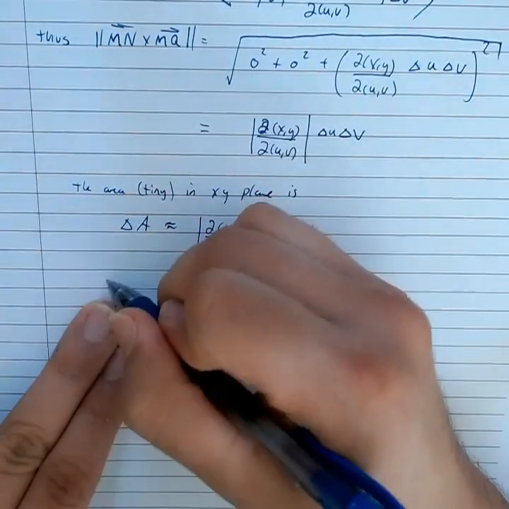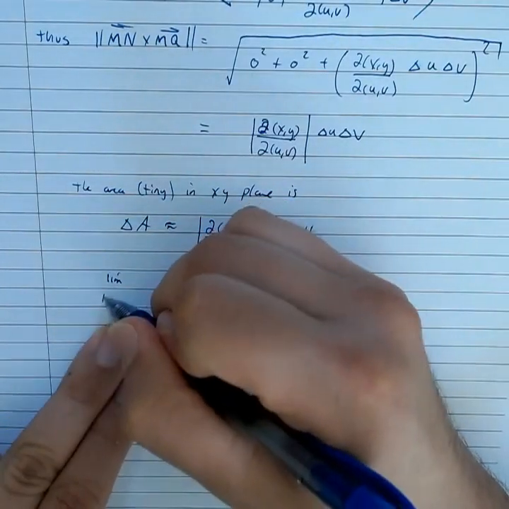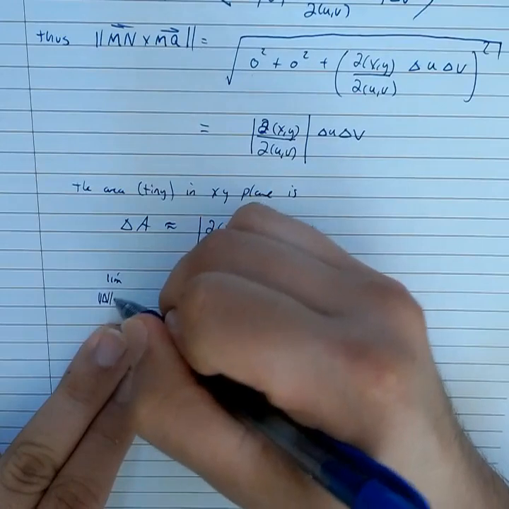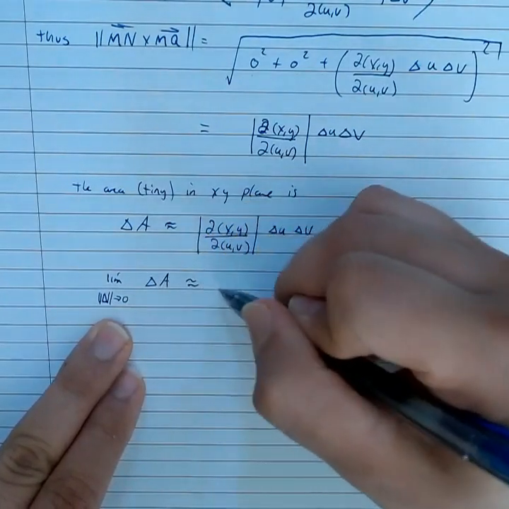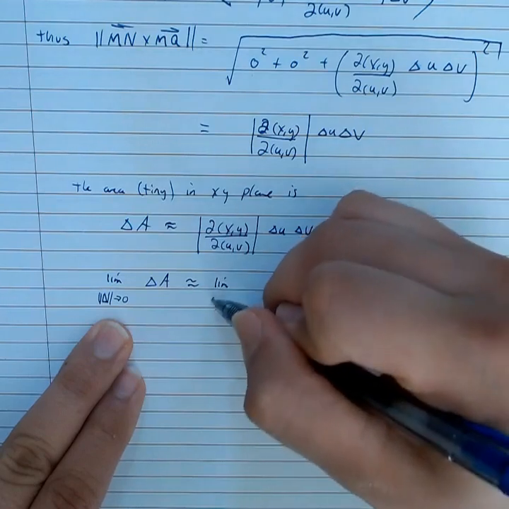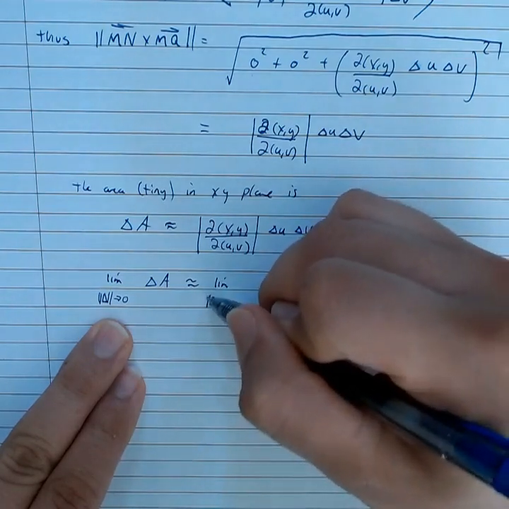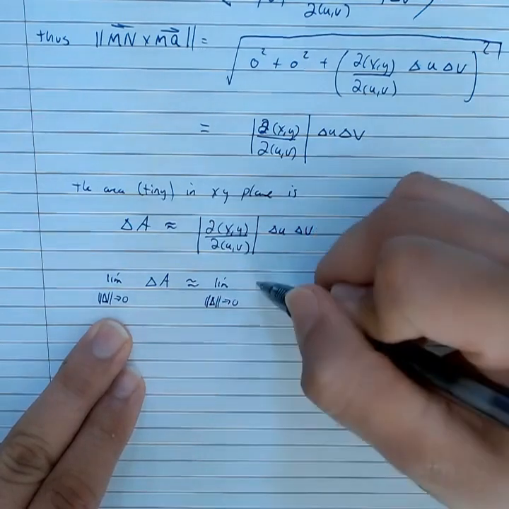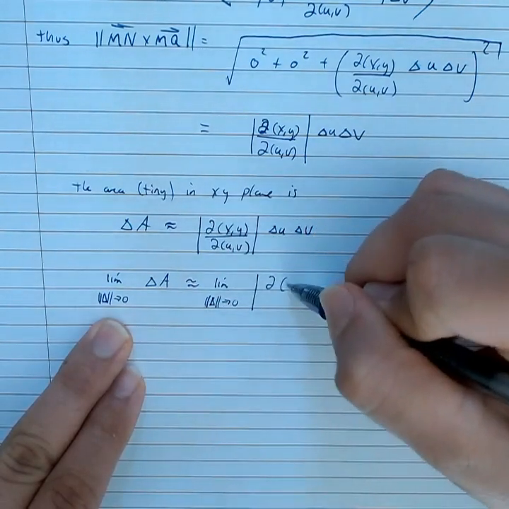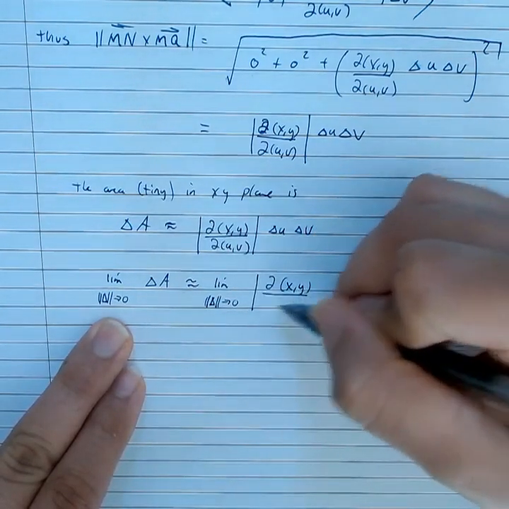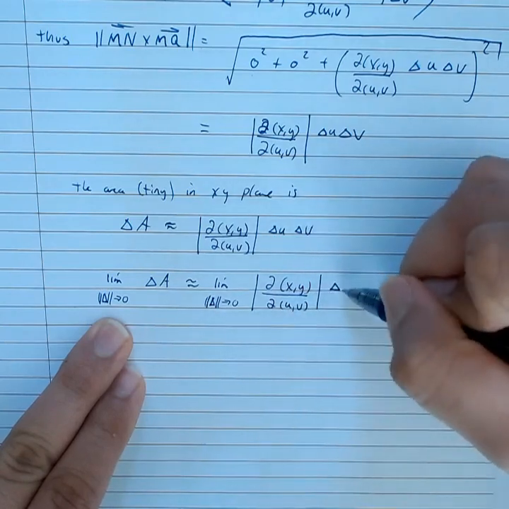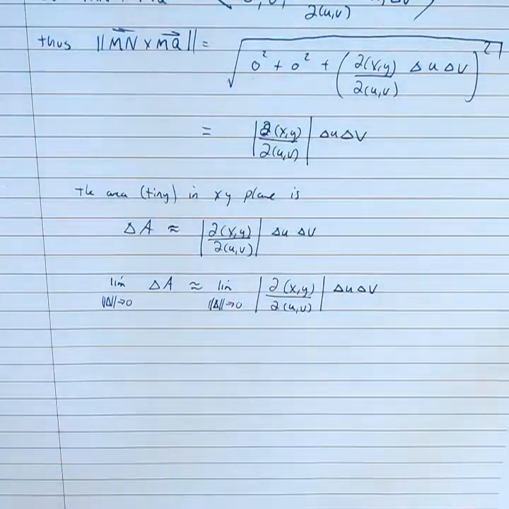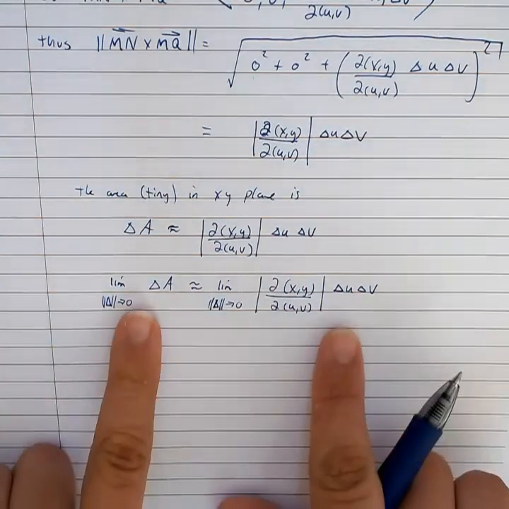So now let's take the limit of both sides. Let's take the limit as the norm of this partition approaches 0. And that's approximately equal to the limit as the norm of this partition approaches 0 of the absolute value of the Jacobian, delta U, delta V. But of course, these are differentials.